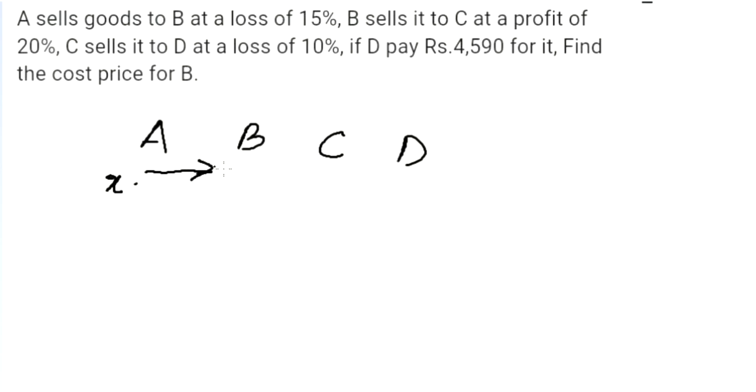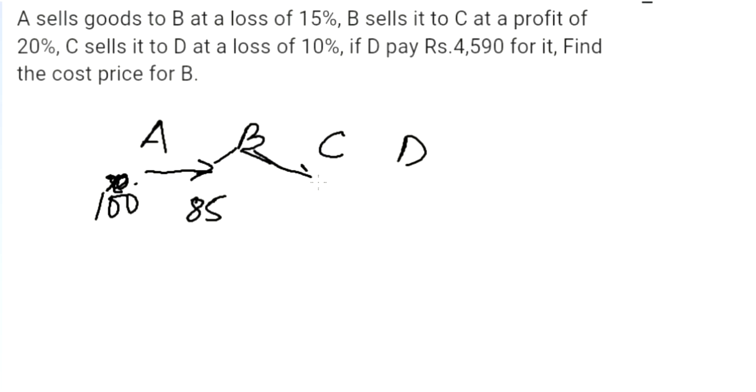Like I said again, do not take X, always take something like 100, because that's easy to calculate. A sells at a loss of 15, so you simply need to minus 15 from 100. So how much comes? 85. So 85 becomes the cost price of B, and then B sells it to C.